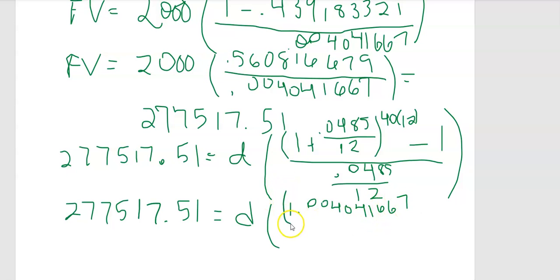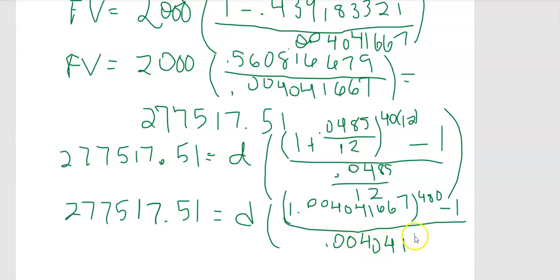Now, unfortunately, I can't duplicate the next part because our exponent is going to be different. 40 times 12 is going to be 480 for an exponent. The bottom, however, recall this is always just this part without the 1. So 0.004041667.